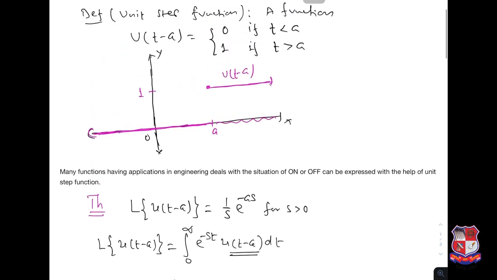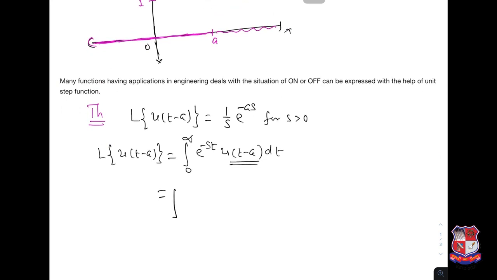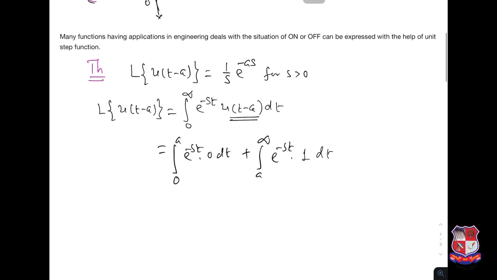So integration 0 to a e power minus st into 0 dt plus a to infinity e power minus st into 1 dt. So this is equal to, this integration has value 0.